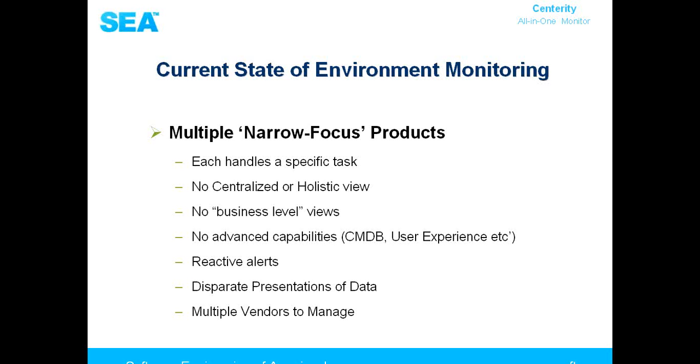There are also no advanced proactive capabilities such as dynamic thresholds. Instead, these products tend to be reactive, which provides data of almost no value to you in the end. Finally, you have multiple vendors to manage with these products, which tends to be a hassle. So if you want to cover your complete network, you typically have to purchase many of these point products to achieve your goals.